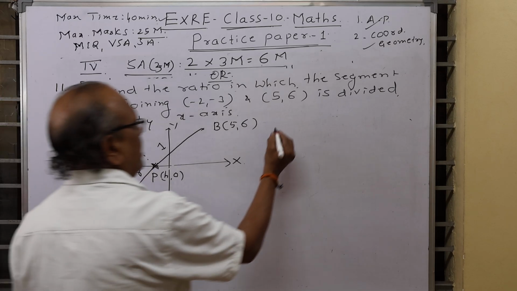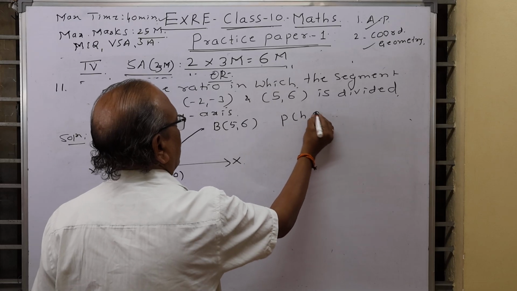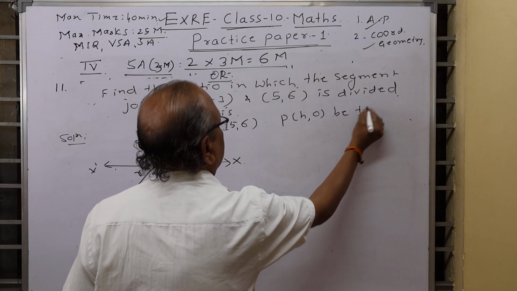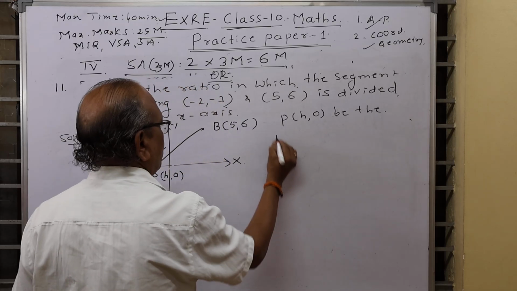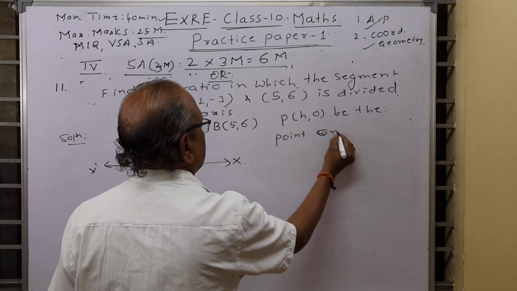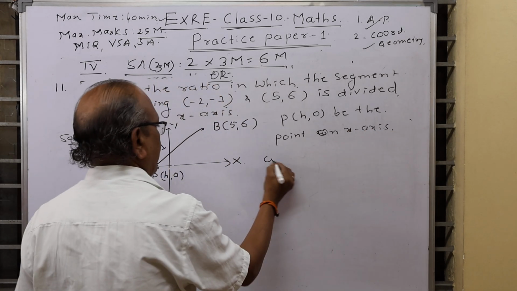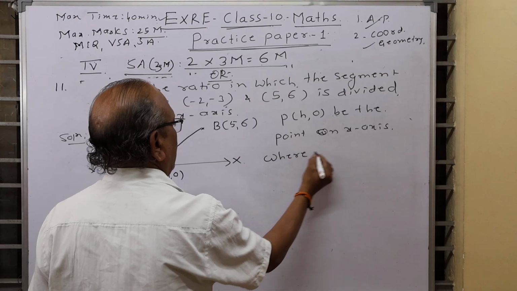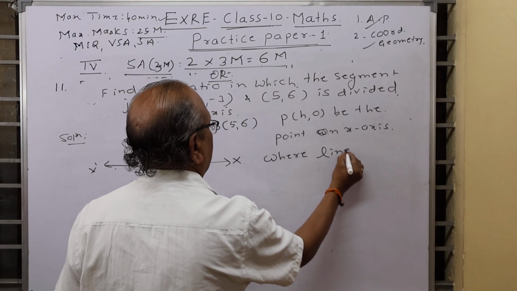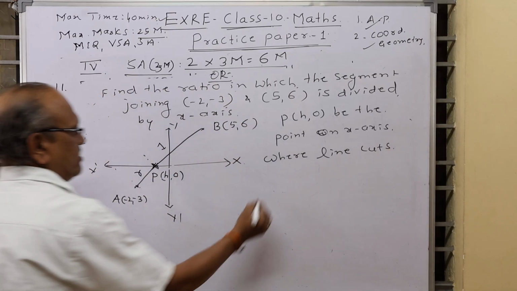Now we can say that P(h, 0) be the point where the line cuts the x-axis.